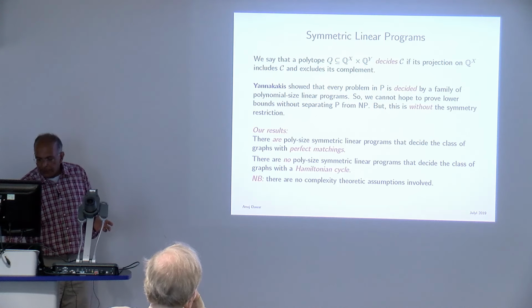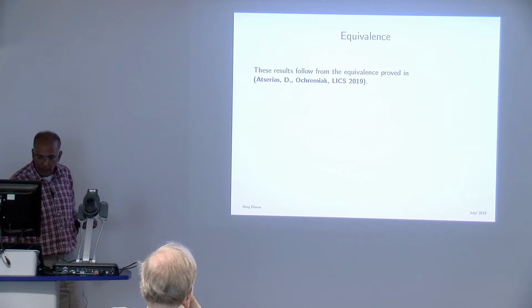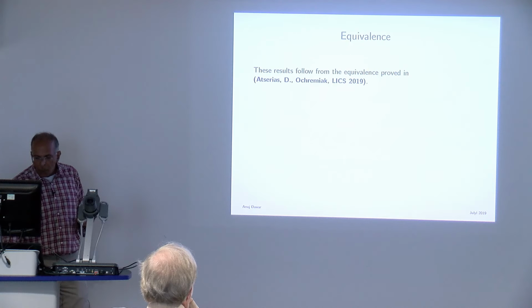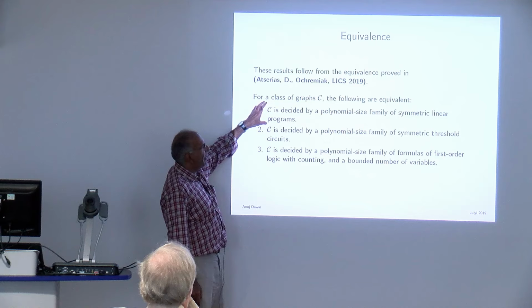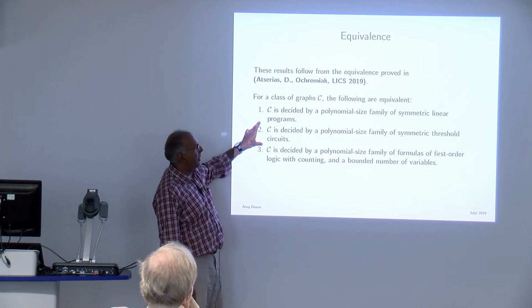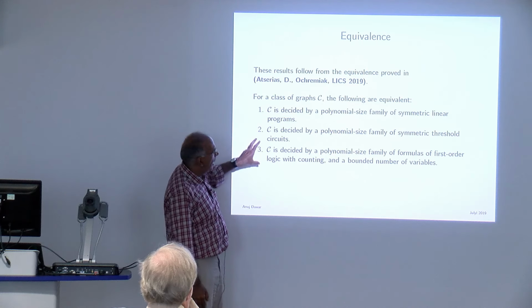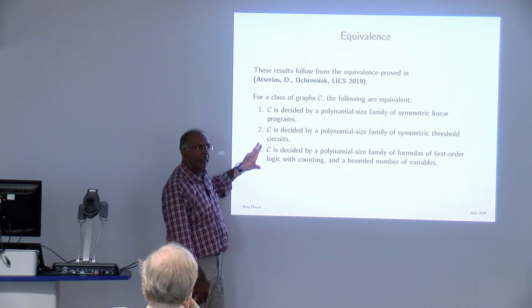How do we do this? Well, this was a paper we presented at LICS last month. We basically show the equivalence of polynomial-sized families of symmetric linear programs and polynomial-sized families of symmetric circuits with majority gates, which is like FPC, but a sort of non-uniform version of it.